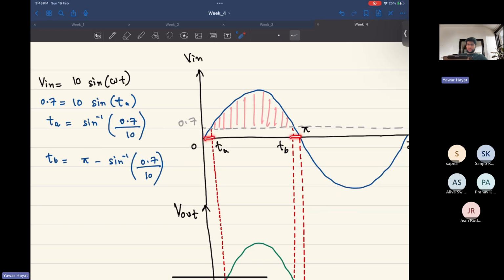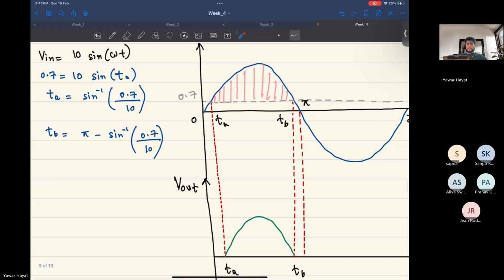This and this would be equidistant. This is a sinusoidal symmetrical curve. So this 0.7 is here, this 0.7 is here, and this distance would be equal to this. So I can write it as pi minus sine inverse of 0.7 by 10. Is this clear? Please answer yes if this makes sense.